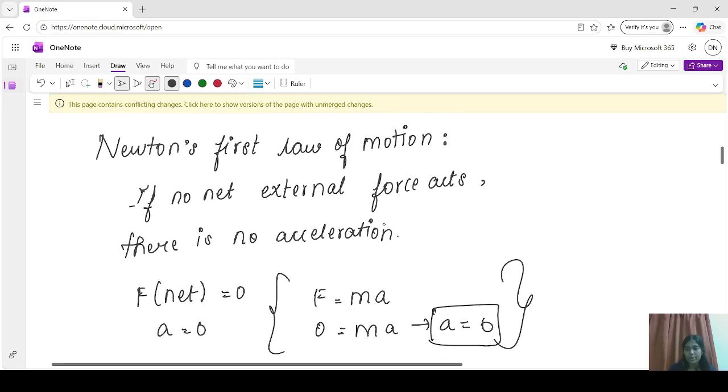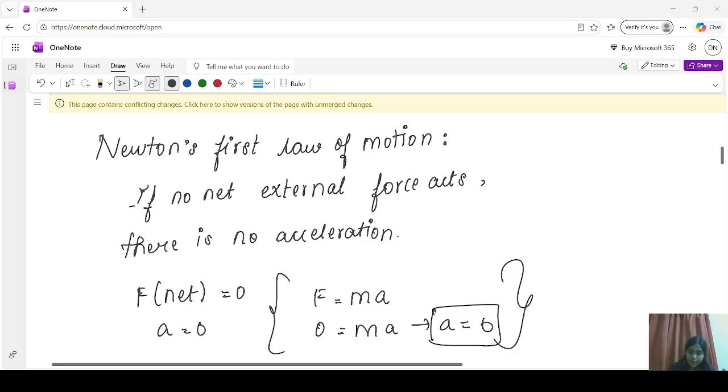Newton's first law of motion. Newton converted Galileo's idea into a law. Now, what is the first law of motion? Every body will continue in its state of rest or uniform motion in a straight line unless acted upon by an external force.